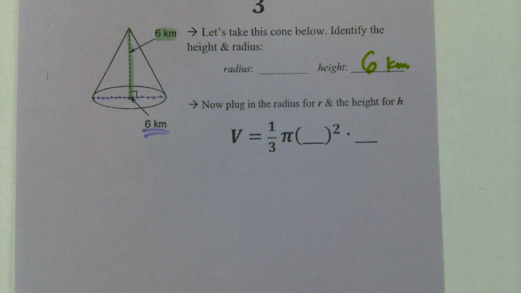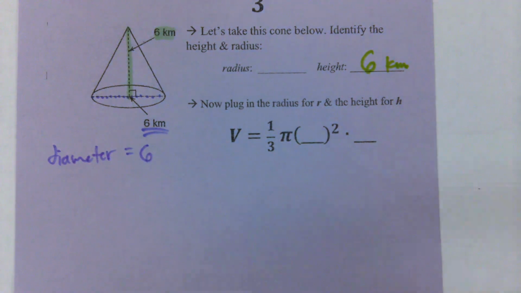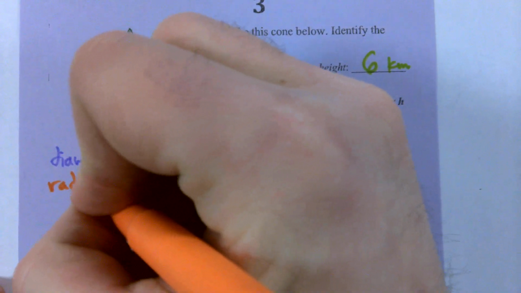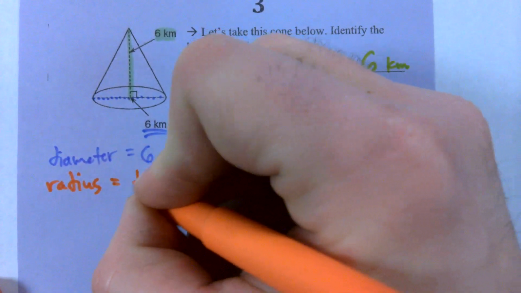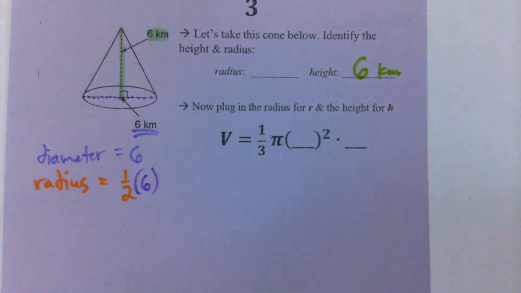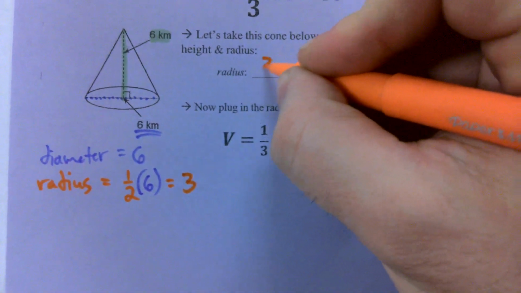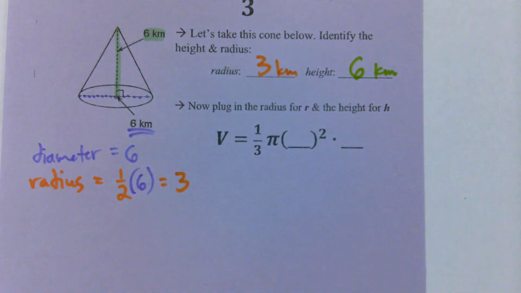The diameter is 6. The diameter equals 6. So the radius then is half of that 6, which is equal to what? 3, just like we said. Our radius is 3 kilometers.